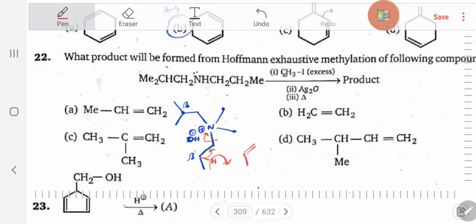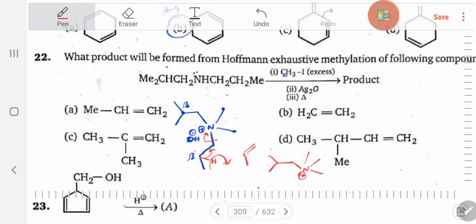Next, another possibility. After getting that, the other product obtained is CH, CH2, N, CH3 and lone pair. Now again Hofmann exhaustive methylation occurs. So you get methyl again, positive charge and OH minus.